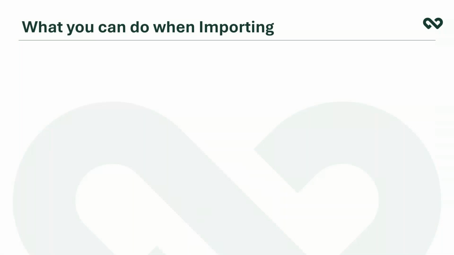So, what can you do when importing data into workbooks? One of the key things that you can do is create new records, and I'll be showing you the steps on how to do this soon. This is extremely useful as you could have a list of people or sales leads and you want to bring their information into workbooks.